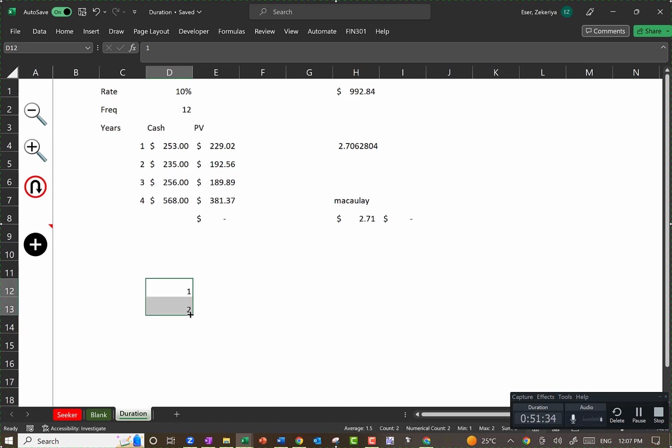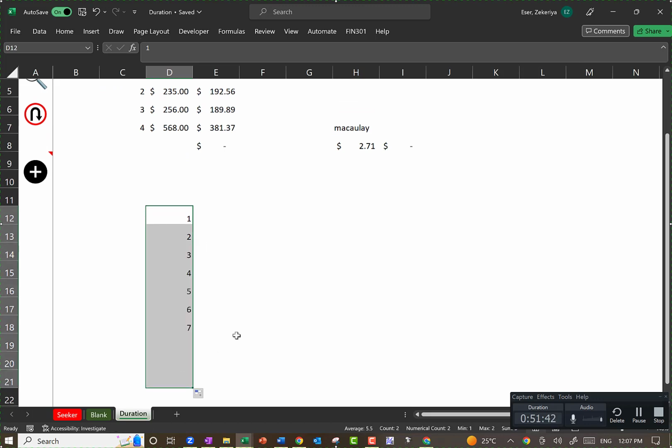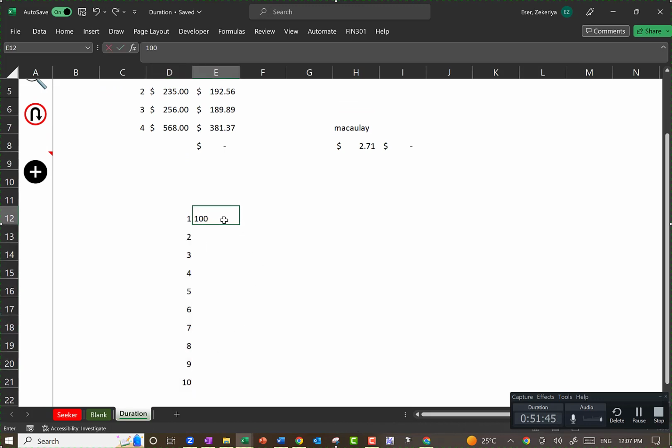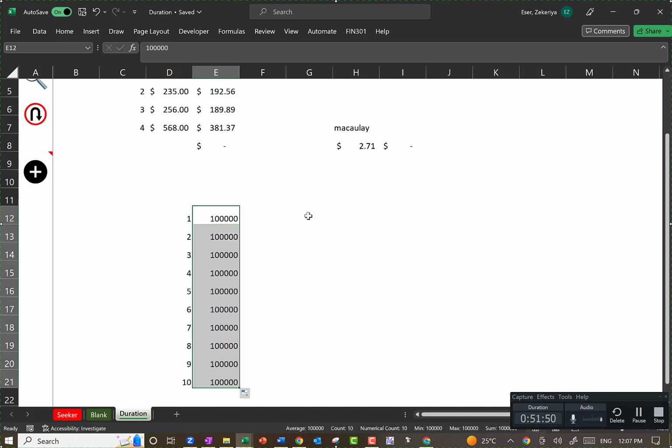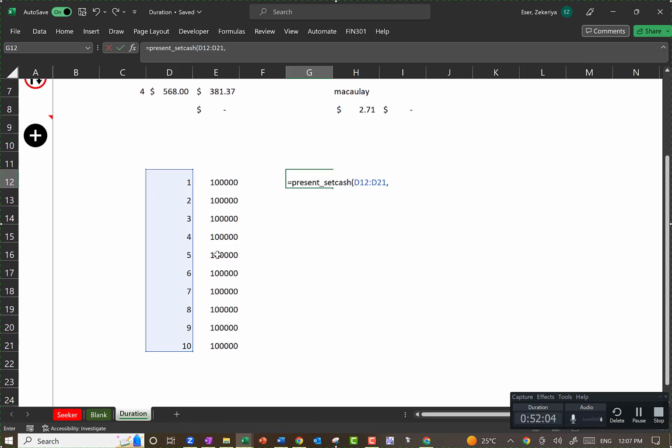Let's think about a 10-year mortgage payment with annual payments, and I'm going to pay $100,000 each. Let's calculate the present value of that first, with annual compounding.